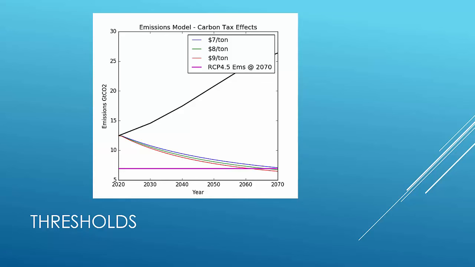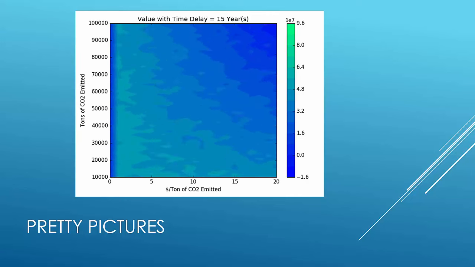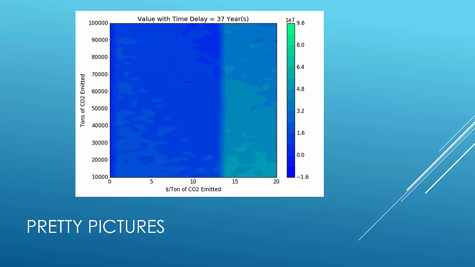Basically, the higher the taxation amount, the lower you're getting in emissions, and it just so happens that these walls correlate to crossing RCP thresholds. In this case, it was RCP 4.5 at $8 per ton. Here is an animation of the value model with the change being change in time.